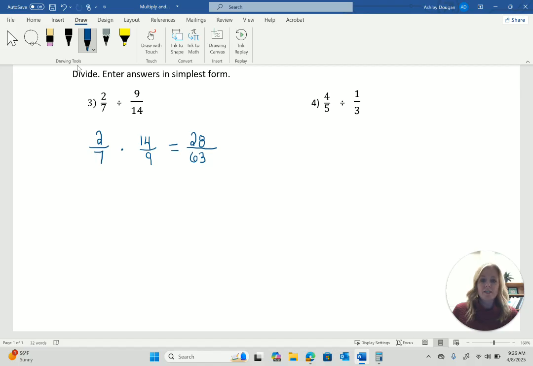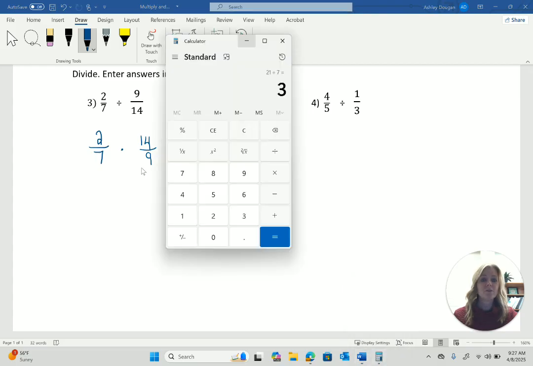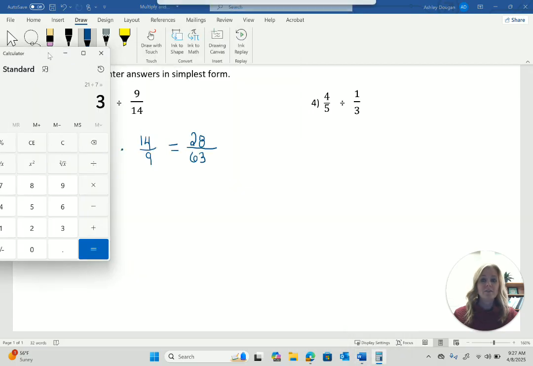Maybe use your calculator to guess and check and find some things that divide evenly into 28 and 63. I would start out with a smaller number, 28, and think about things that multiply to 28. We know 4 times 7 is 28, so you might try 4 or 7 and see if that works.